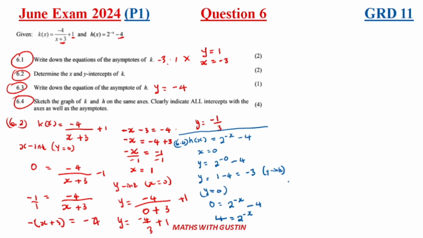So we can change 4 to become 2 to the power of 2, and then you're going to have 2 to the power of negative x. Now the bases are the same. If the bases are the same, therefore the exponents are equal. Therefore you are going to have x is equal to negative 2. I just divided by the negative here, guys. Don't let this confuse you. So this will be our x-intercept.